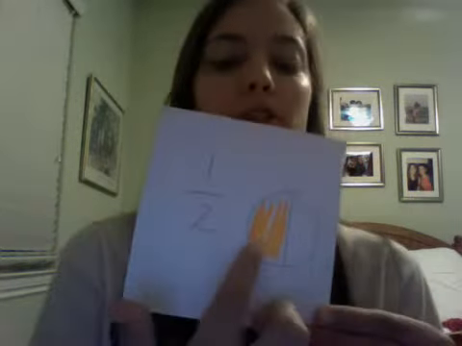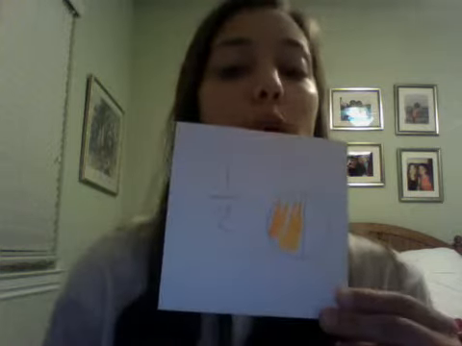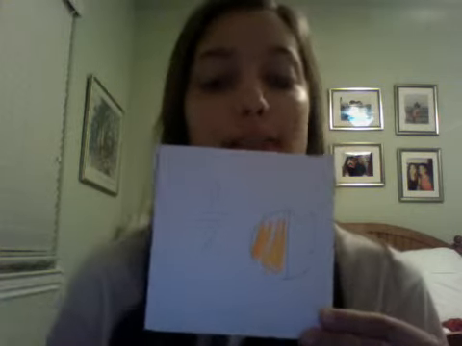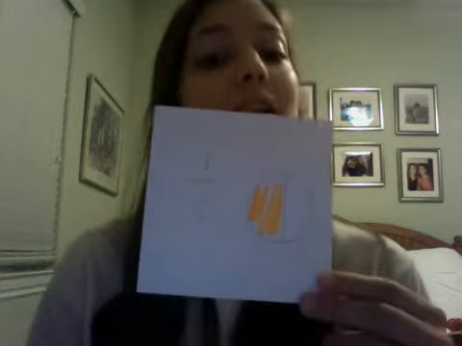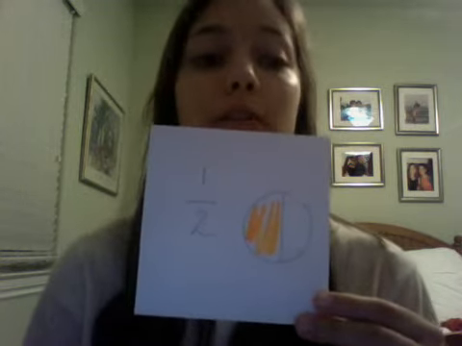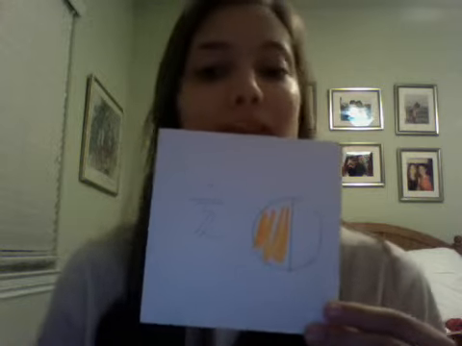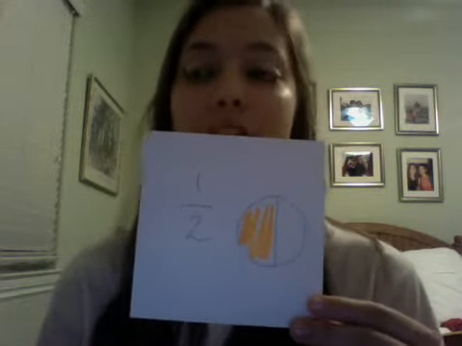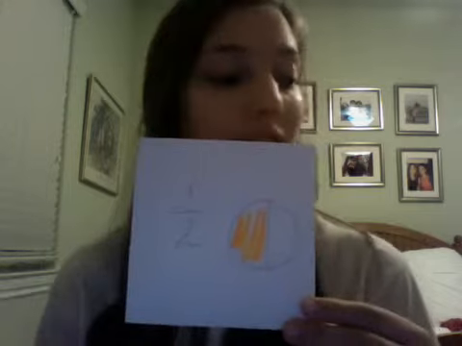So 1 slice was shaded in right here. Only 1 was shaded in. So 1 out of the 2 slices was shaded in, and so the 1 goes on the top. So 1 out of 2, 1/2. See how half of the pizza is shaded in and the other one is not?